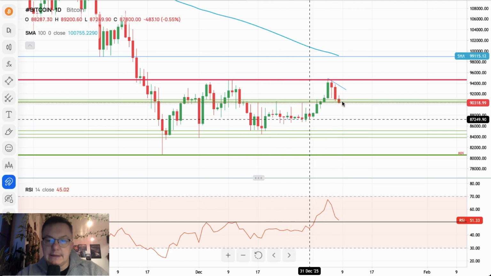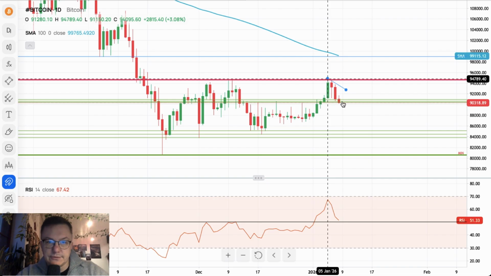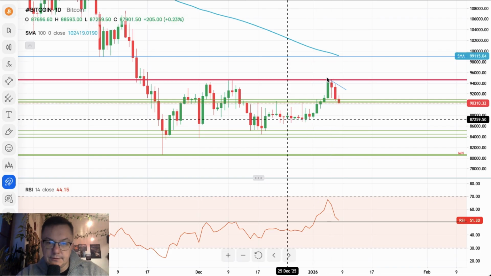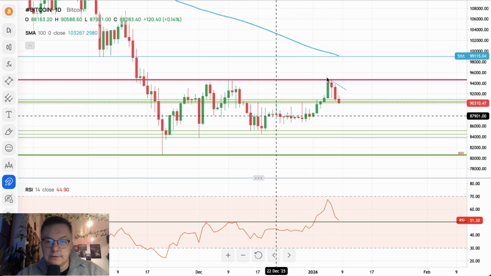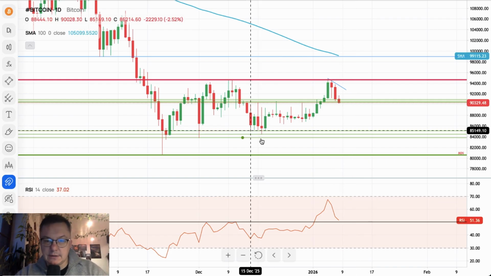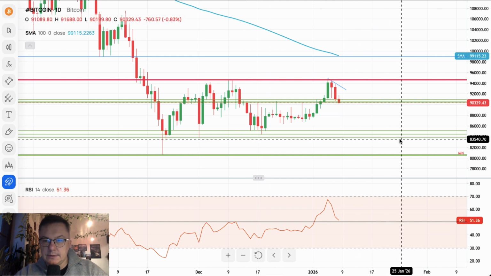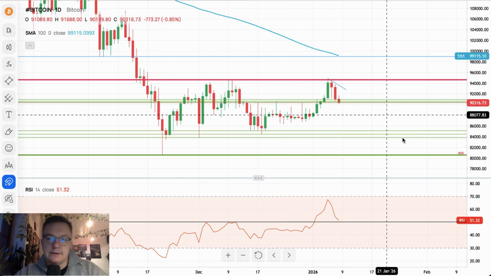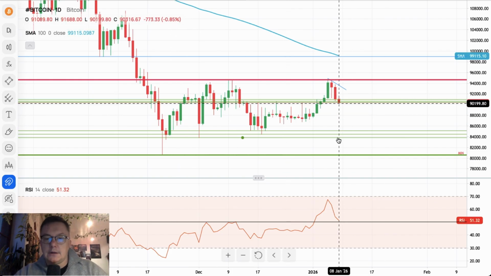So yet again 95,000 was too strong. The market was clearly rejected from this level. If we go back to the Christmas range and then move lower, then in that situation the bears will be in charge of this market, and the lower levels will be tested, which means that this situation here is a consolidation where the bulls have a very big problem with the upside.